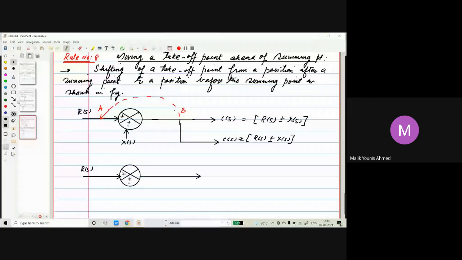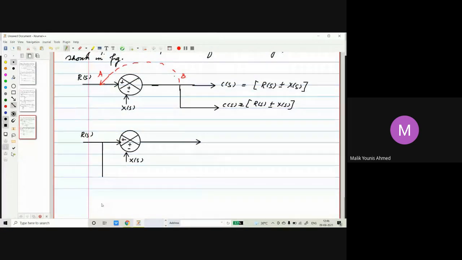This is X of S as usual. This is your X of S signal. Okay. Now we need to move this to the position here. So we'll move now takeoff point. So this is the takeoff point we are moving.